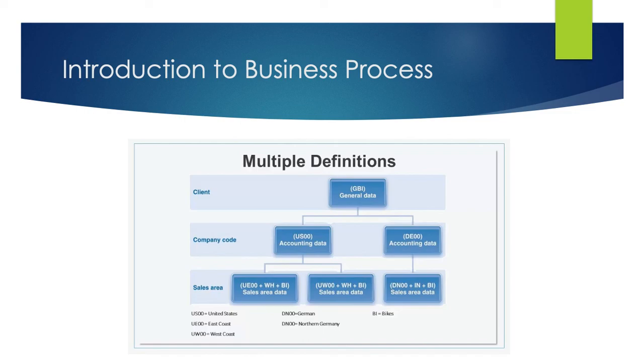In this case, for the GBI, we have the US and the Germany account. And last but not least, the sales. We have the East Coast, West Coast, and also the Germany. So it's being separated. In this case, wholesale selling.